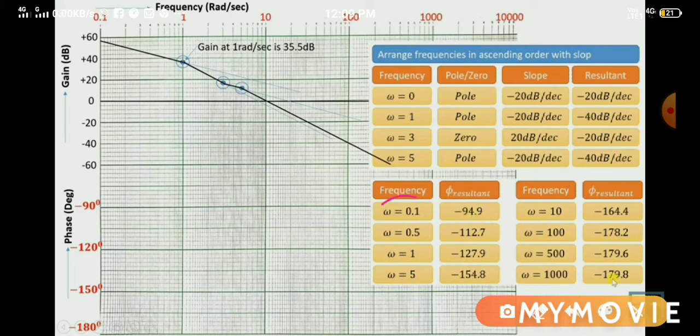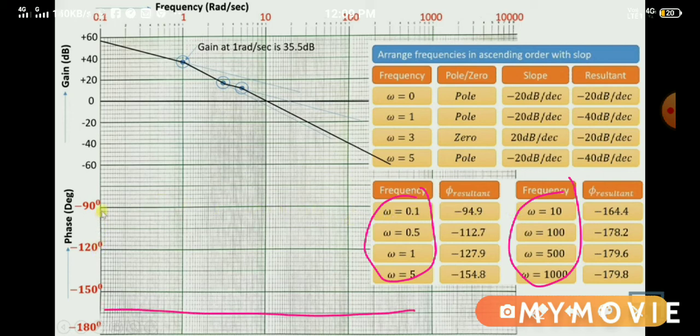So similarly, we'll go for the phase angle plot. We have frequency 0.1 to 1000. Now minus 180 will be our reference line. We'll just mark the points.